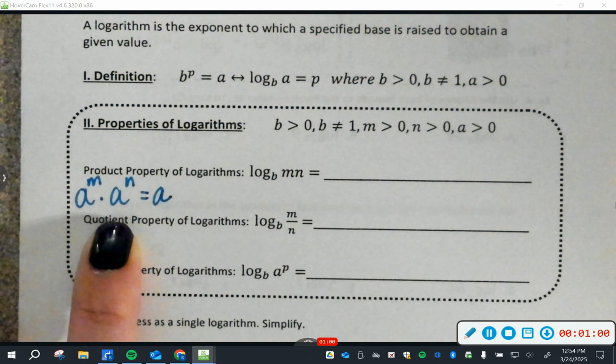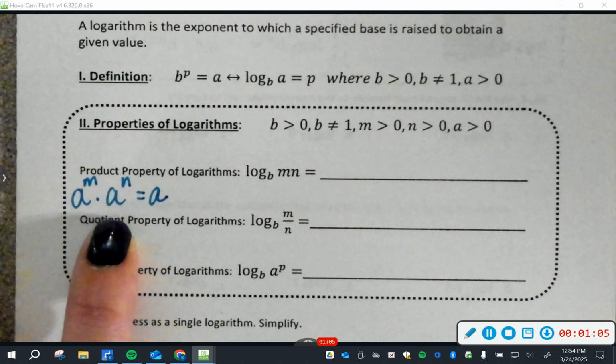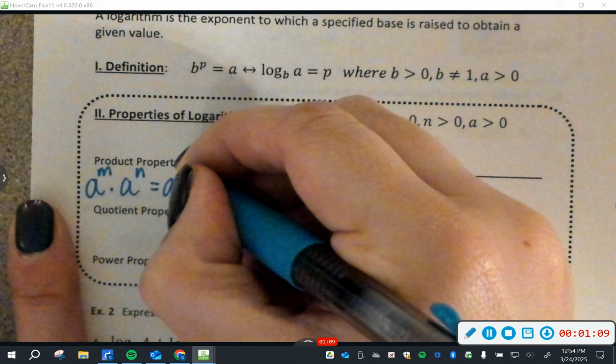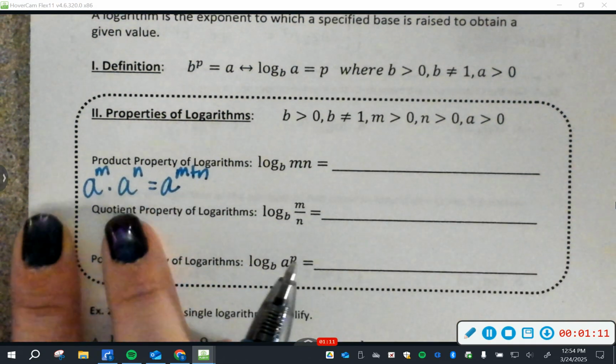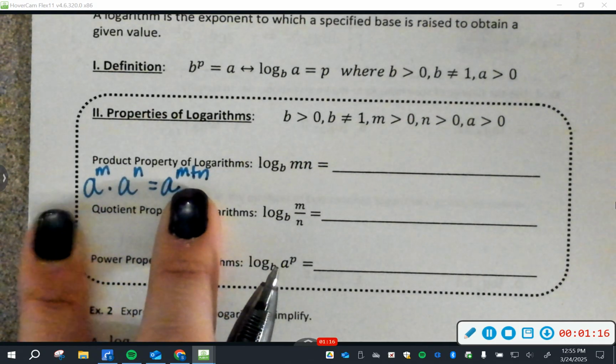What do you do with these exponents? Add them, yeah. So what we learned is that when we're multiplying powers, we add exponents, okay?